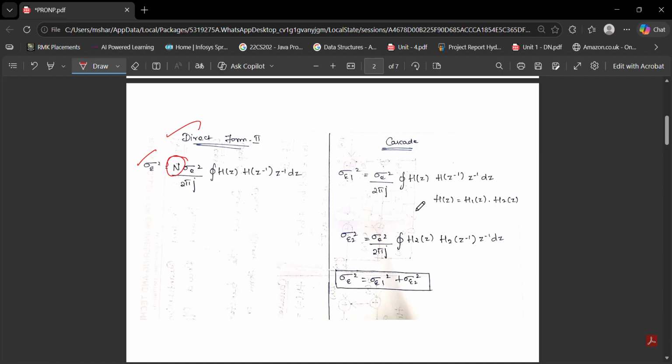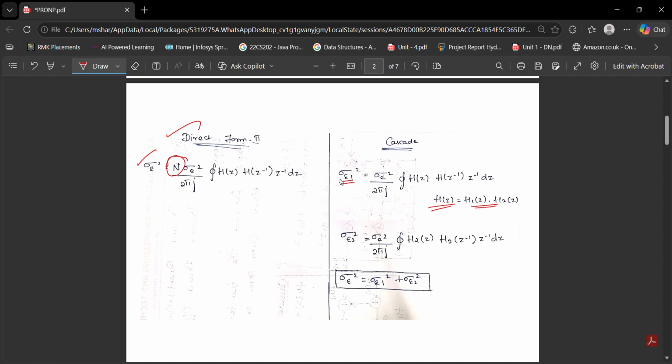Coming to the cascade form, as we all know, we will have two transfer functions, H1 of z and H2 of z. If the question is given in the cascade form, first we will calculate sigma epsilon 1 square. The formula for this is sigma e square by 2 pi j closed contour integral of H of z inverse into z inverse dz.